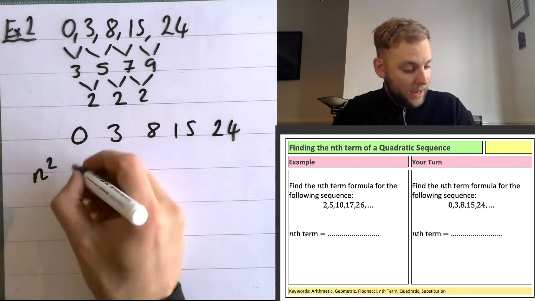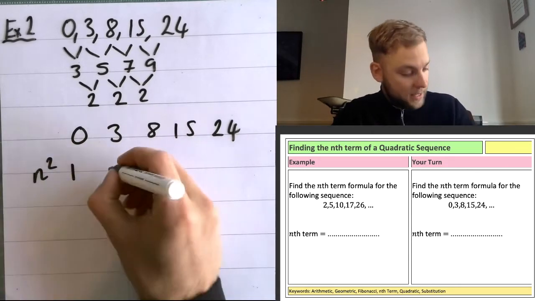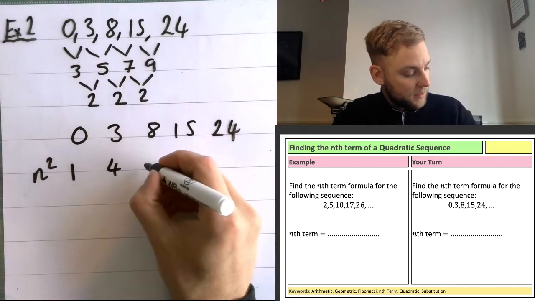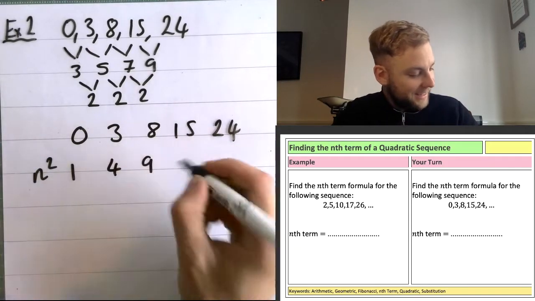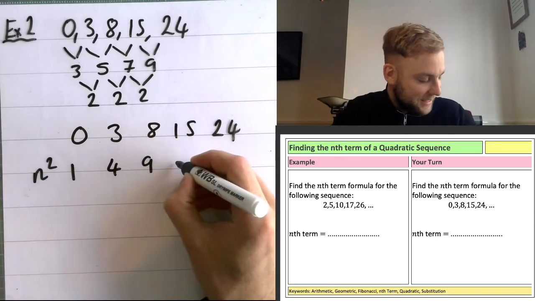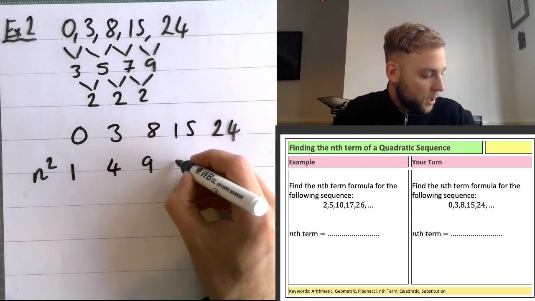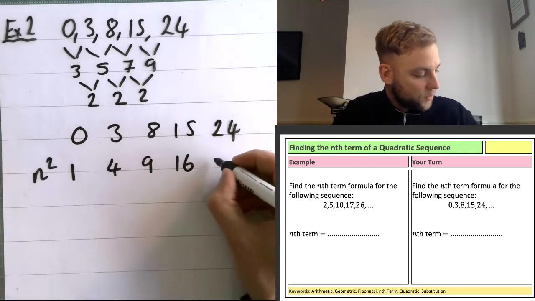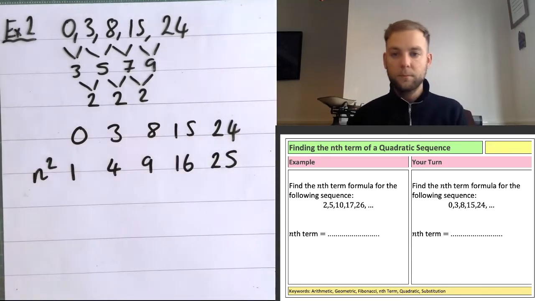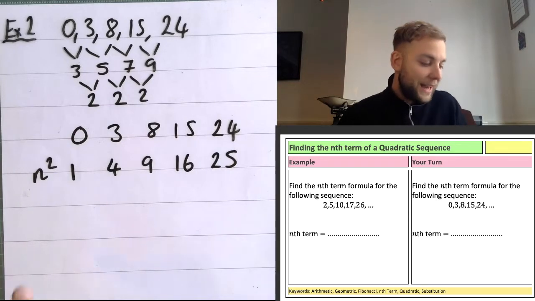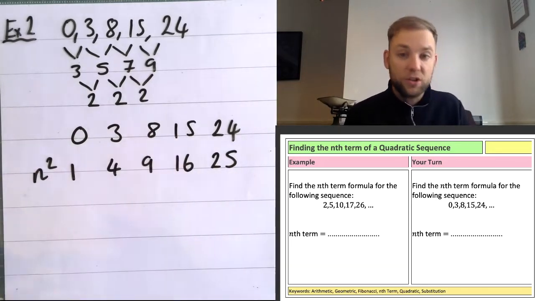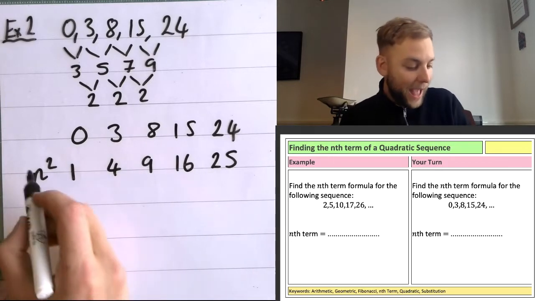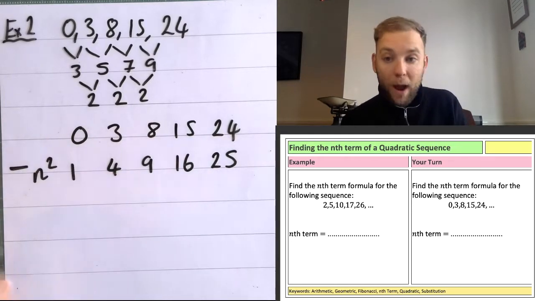So 1 squared is 1, 2 squared is 4, 2 times 2 is 4, 3 squared is 9, 4 squared is 16, and 5 squared is 25. Brilliant. So then I need to take this sequence away from my original sequence. So take away n squared here away from my original sequence.